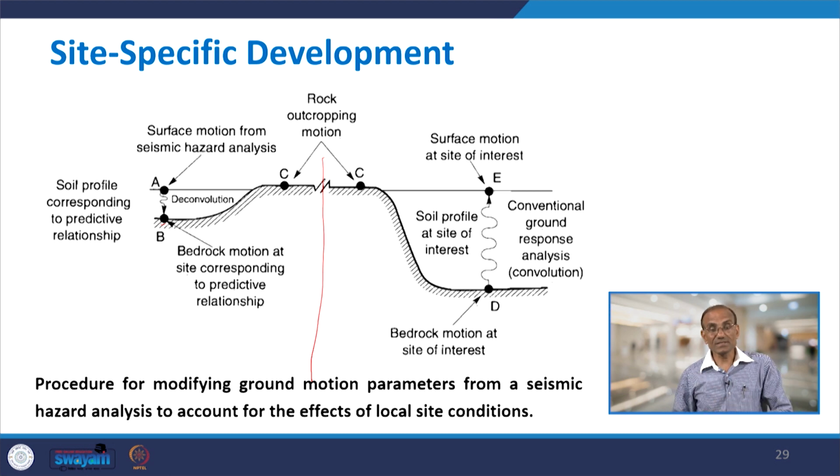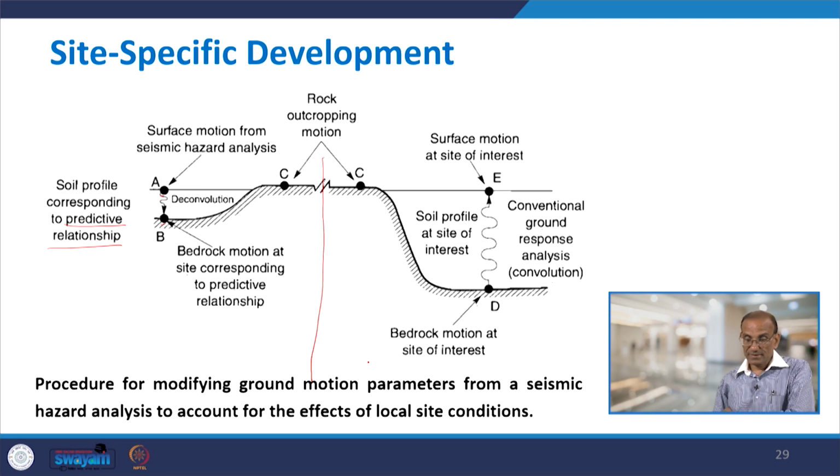Now for this site you have the predictive relationship between A and B. Between A and B you have the soil, but the predictive relationship, what could be the attenuation relationship, is known to you. So because the predictive relationship is known, we use this as the characteristics of the site, and using those data whatever motion is given at point A is deconvoluted to find the motion at point B.